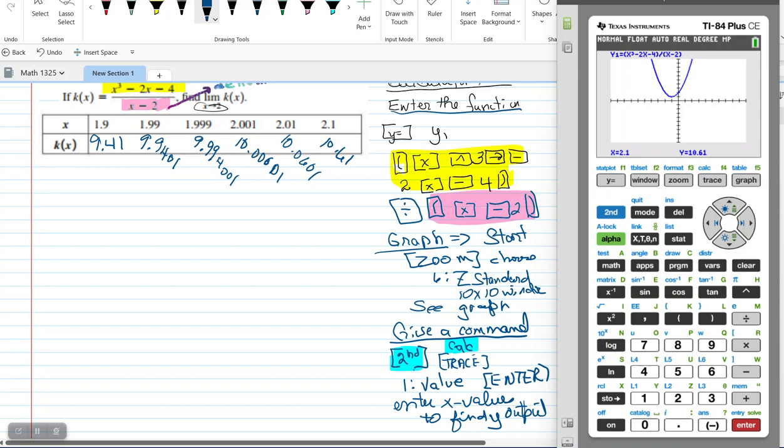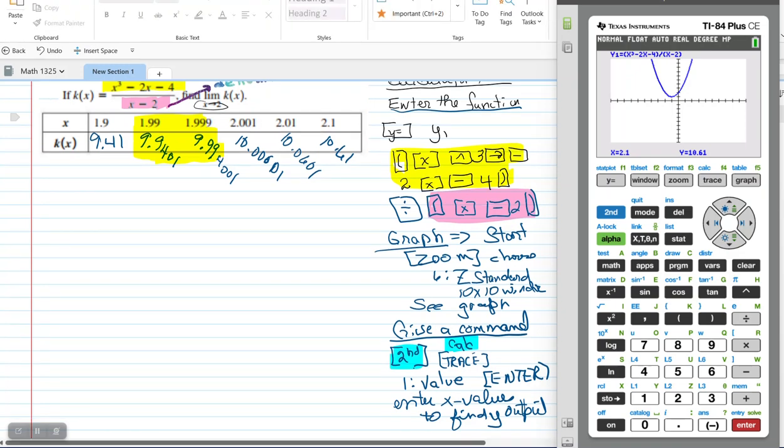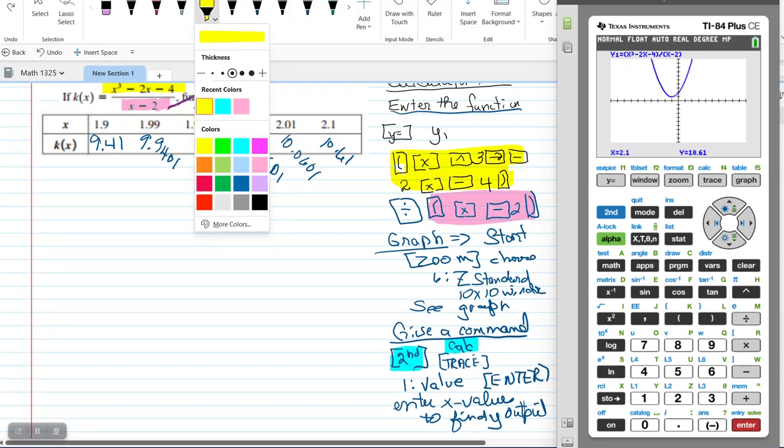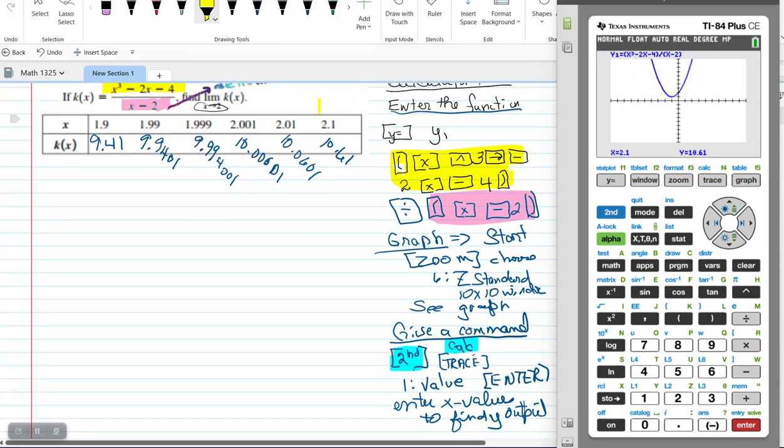All right, so what we're looking at is what is the limit? Sorry, let me undo that. What I needed, I apologize, was the values between 1.99 and 2.